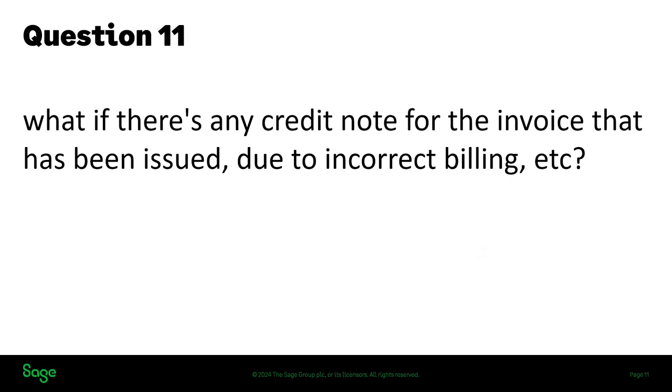What if there's any credit note for an invoice that has been issued due to incorrect billing? If you recall, the customer has 72 hours to dispute that document. If they dispute it, you can issue a credit note against that document.